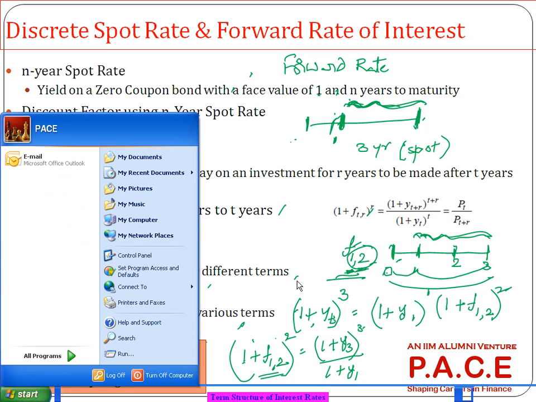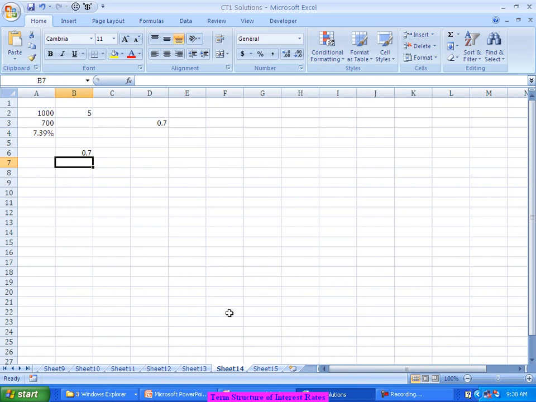A simple example would make things easier for you. Let's say a 1 year spot rate is given as 7%, and a 3 year spot rate is given as 8%. What does that mean in simple terms?